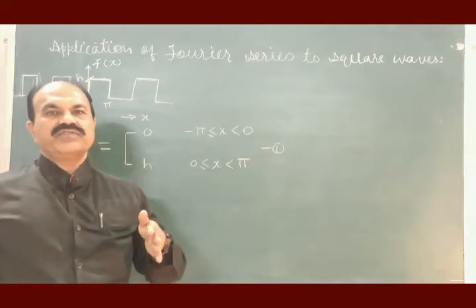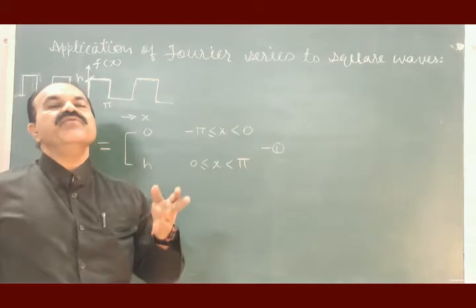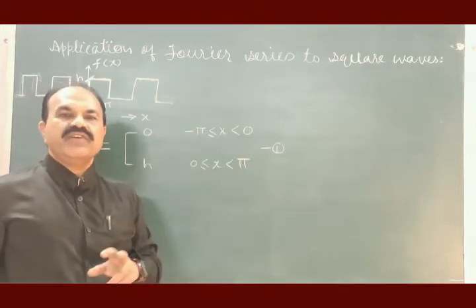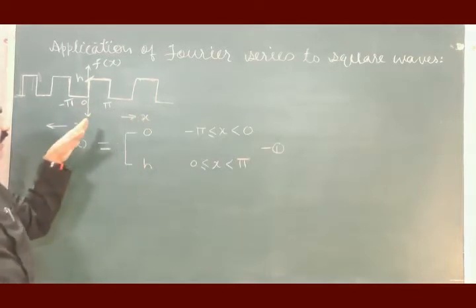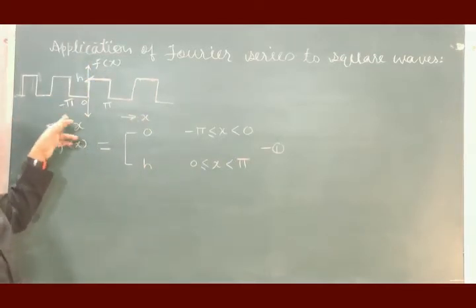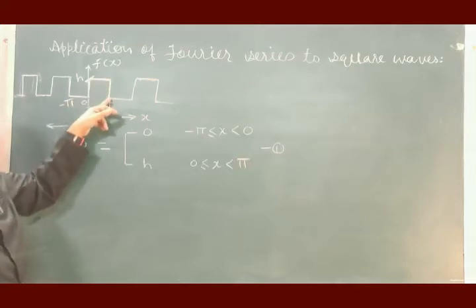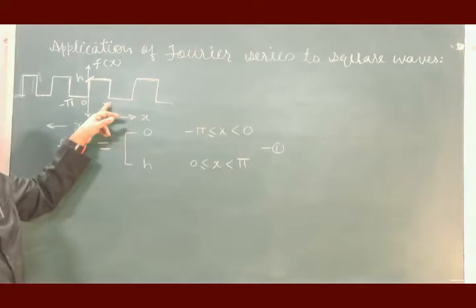So, whenever you are asked to write about application of analysis of Fourier series to square wave, draw figure like this. Function axis is this one. This is one wave of square wave pattern.